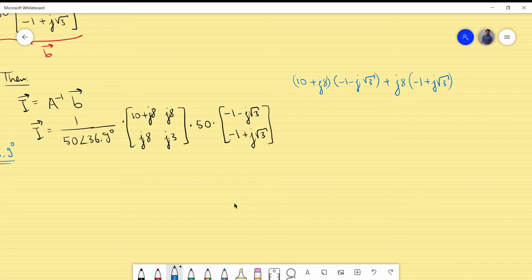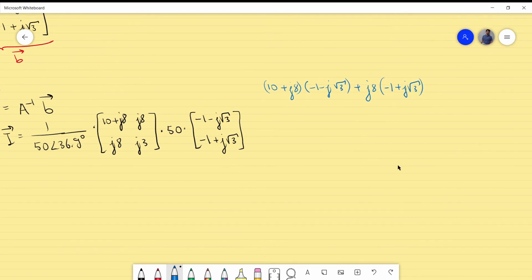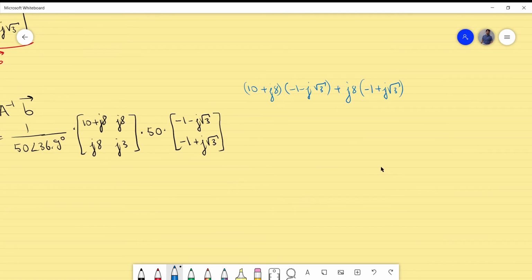That's actually for the first. And the second one is j8 times the first one, and then plus j3 times the second one. So I have the following: minus 1 minus j square root of 3 plus j3 times minus 1 plus j square root of 3. Now, if you calculate this, that's the next step.